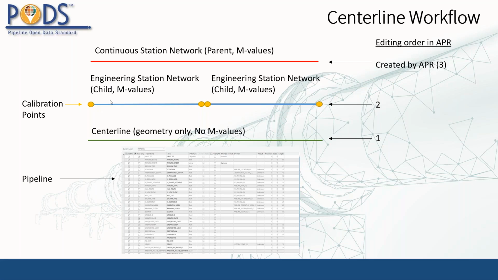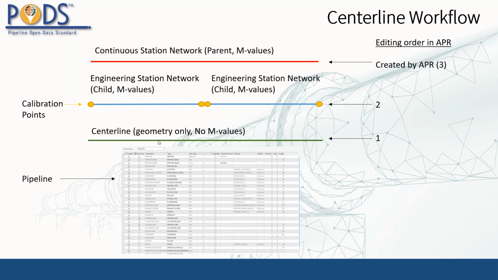So in this case, we have 2 engineering station networks, 2 routes with calibration points. Those are these orange circles. And then the parent to that is a continuous station network, right? The way you would edit this, if you implement this, you're going to be using APR to edit, and the first thing you're going to edit is your center line.